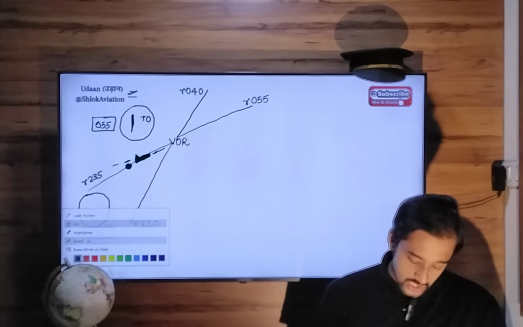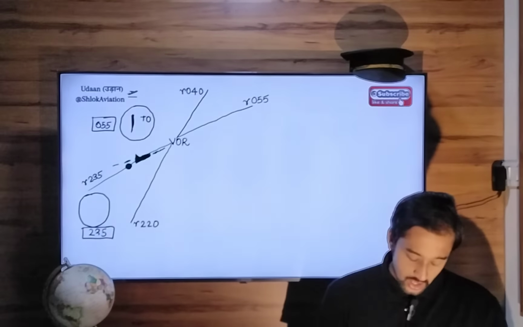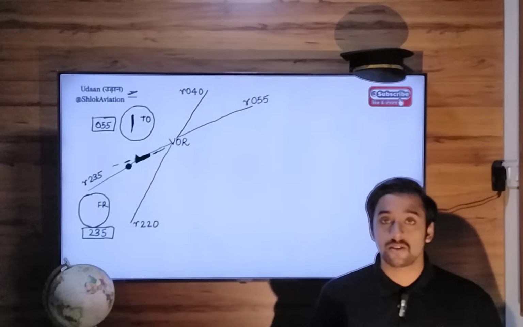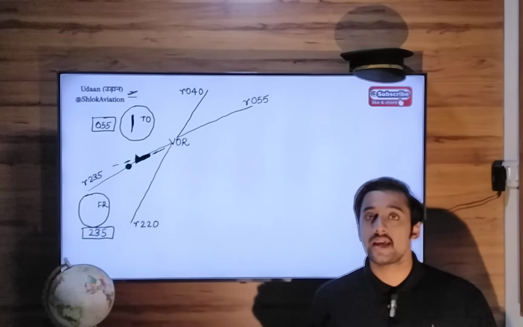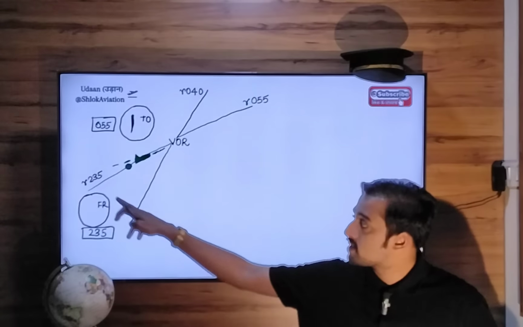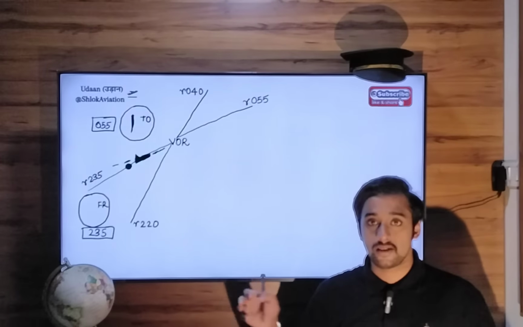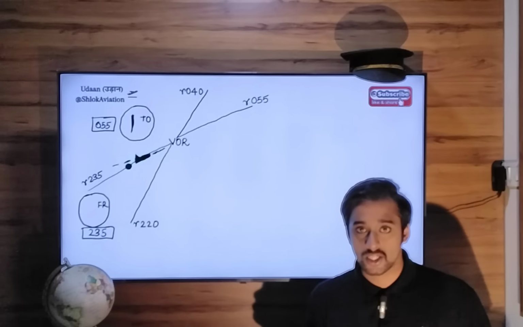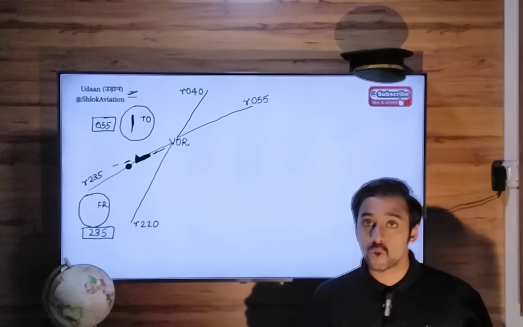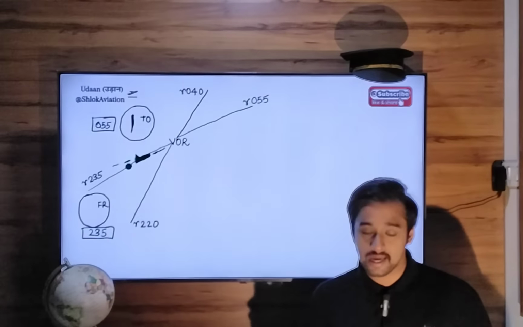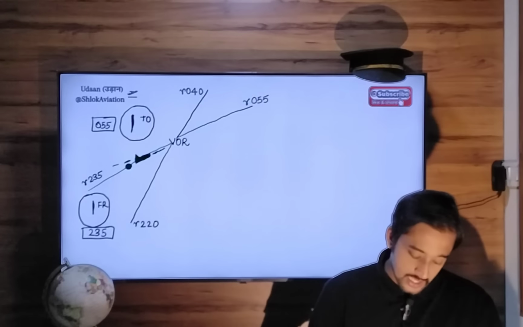If you put 235, the radial on which aircraft is situated, you will get what? FROM indication. Why FROM indication? All radials are bound to take you away from the VOR station, outbound from the VOR station, okay. So if you put 235, you will get FROM indication and the needle stays in the center.